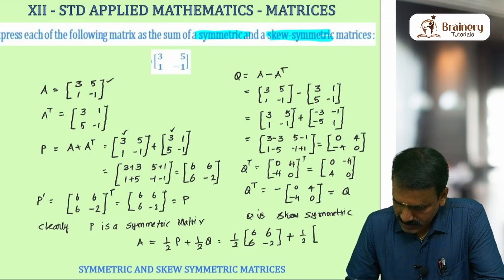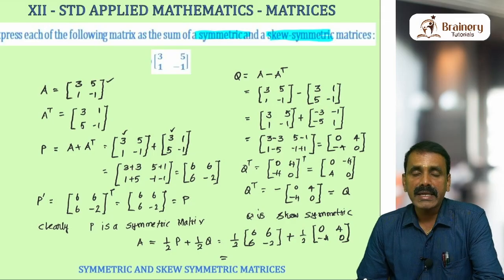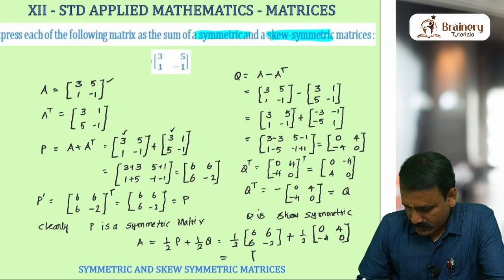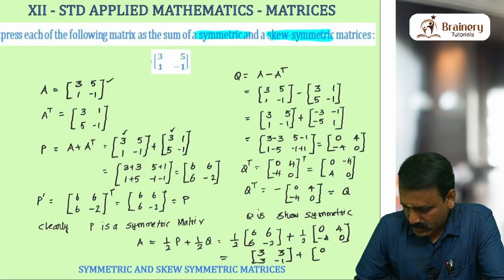Q matrix is 0, 4, minus 4, 0. And I can multiply this scalar inside. I change this one to 3, 3, 3, minus 1. And I multiply each element by 1 by 2 for the second matrix also. It is 0, 2, minus 2, 0.